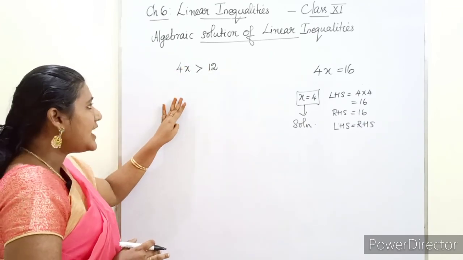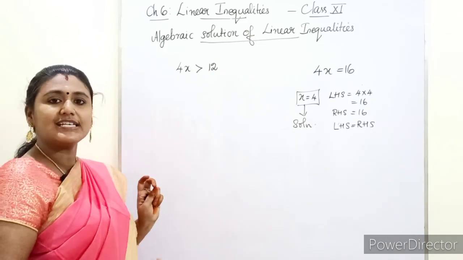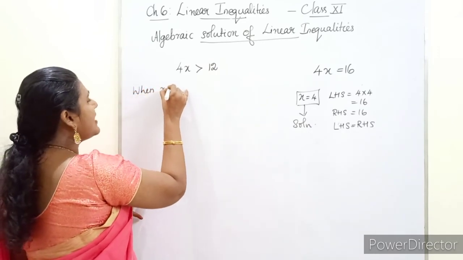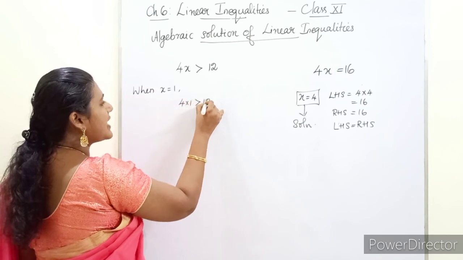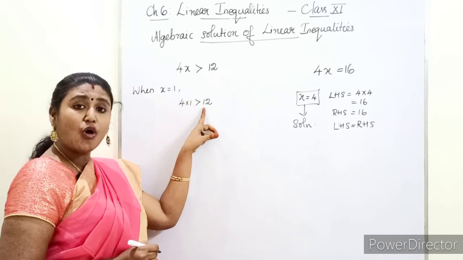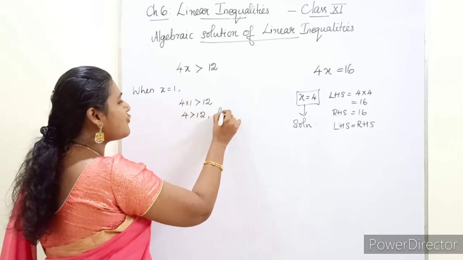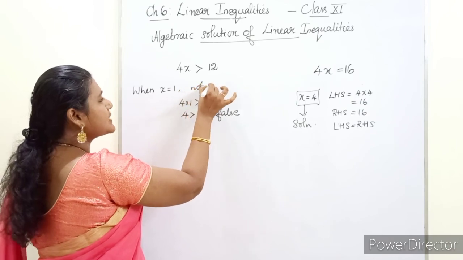The value of x which satisfies the inequality is called the solution. First I am taking x = 1. If I substitute x = 1, 4 into 1 is greater than 12. We got a false statement here, that is 4 > 12, which is false. So x = 1 is not a solution.